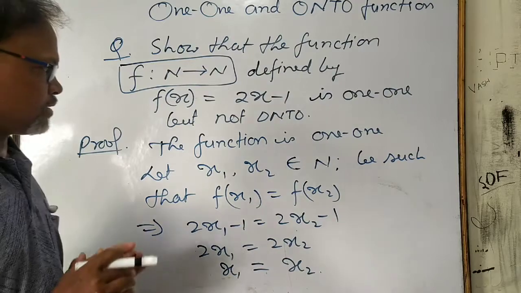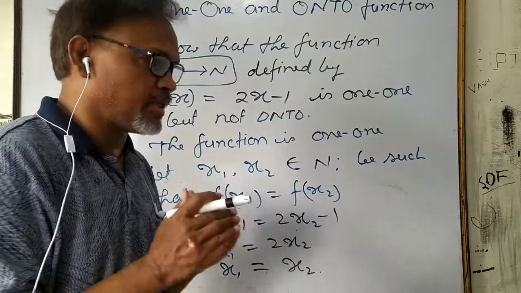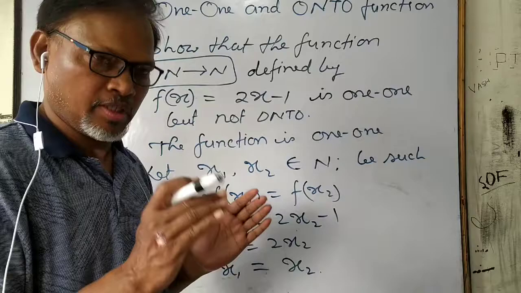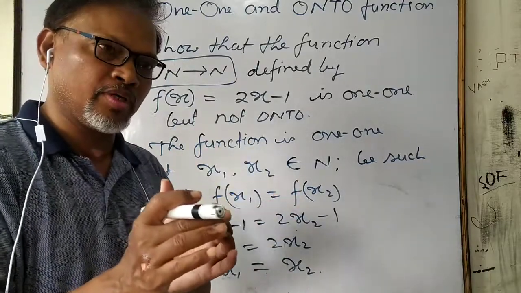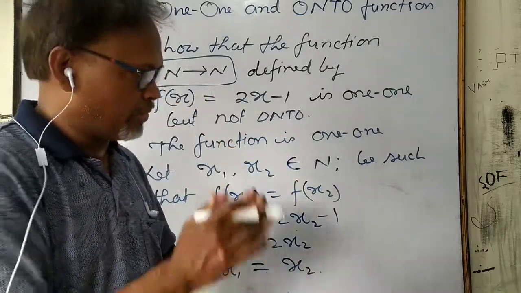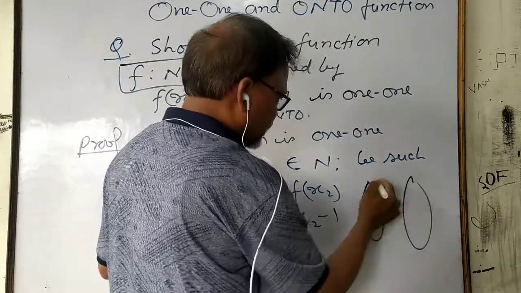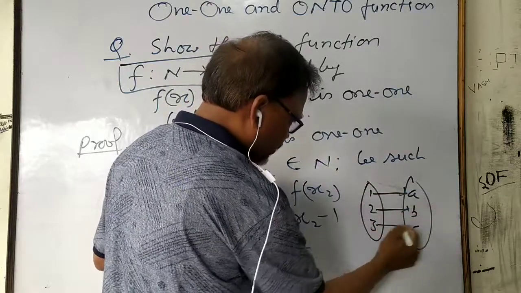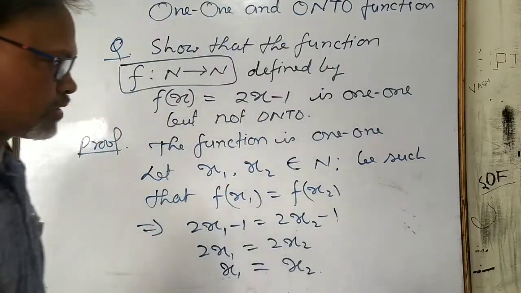For one-one, you take sets A and B, from A to B, where every individual element must be associated with an individual element of set B. Suppose we have set A with a, b, c and set B with 1, 2, 3. Then a goes to 1, b goes to 2, c goes to 3. Everyone must have a separate image, for every pre-image.